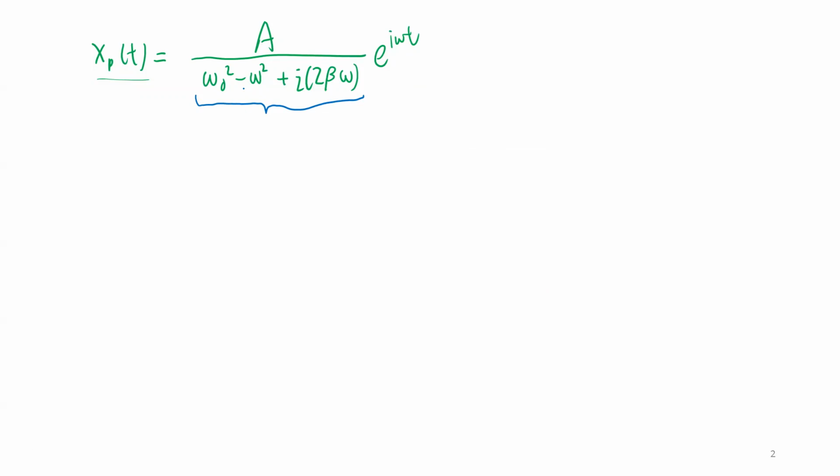Because last time I said that any complex number can always be written in an exponential form like this. Let me just call this b times e^(i phi). If I can do that, then this whole particular solution is written as b e^(i phi) times e^(i omega t), which equals b times e^(i(omega t plus phi)).